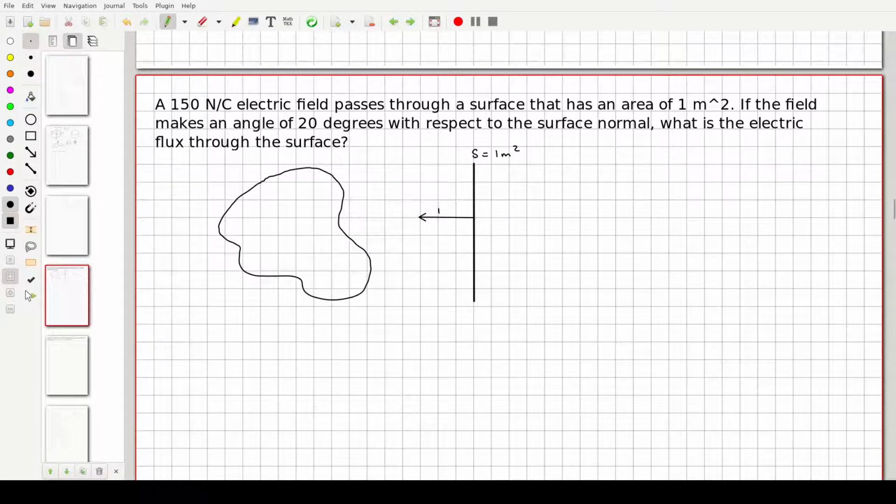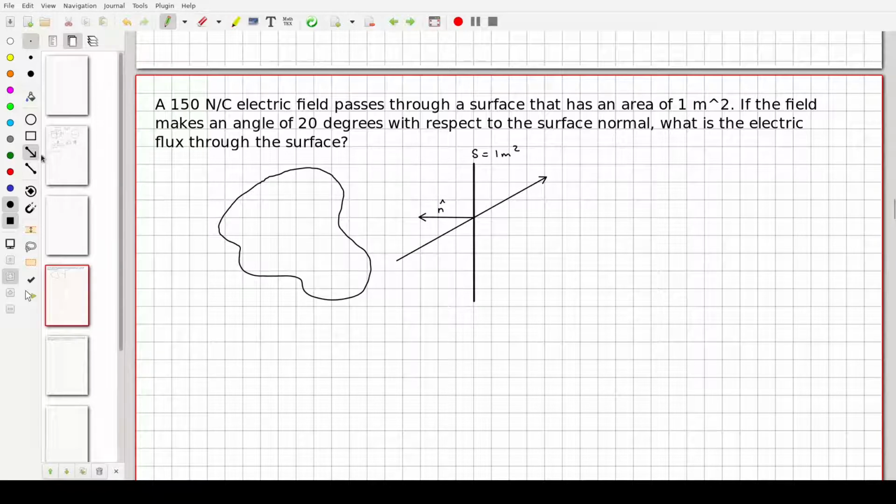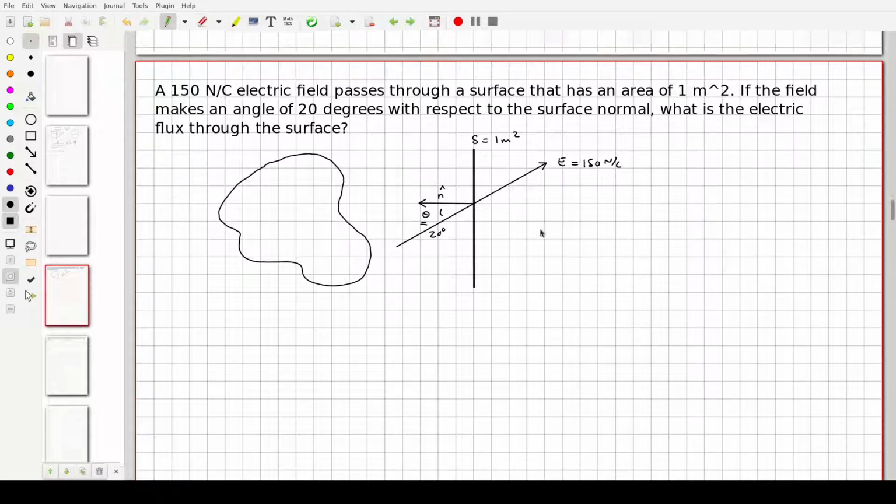So this right here would be the direction of n hat, right there. And maybe this is my electric field, or a little bit of the electric field that's making its way through, like that. So what I'm given is that my angle here, theta, is 20 degrees. And I also know how strong my electric field is. In magnitude, it is 150 newtons per coulomb.